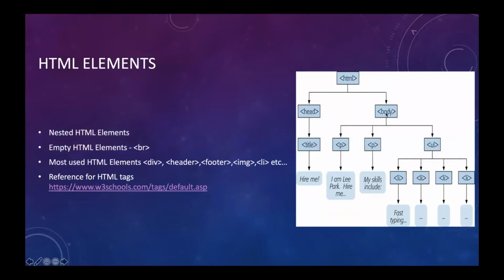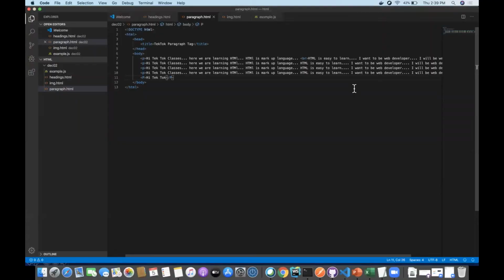If you see here, HTML is an element and body is an element. P is inside the body. So if you see the structure hierarchy, HTML, then the body, then the paragraph. We can write like this also: P, hi, tech talk.